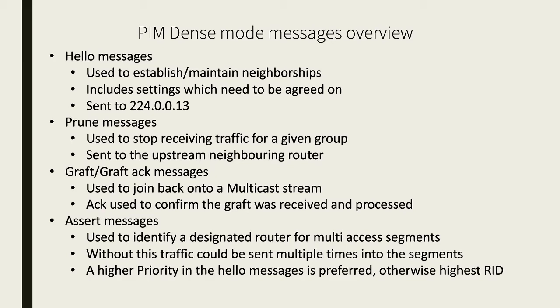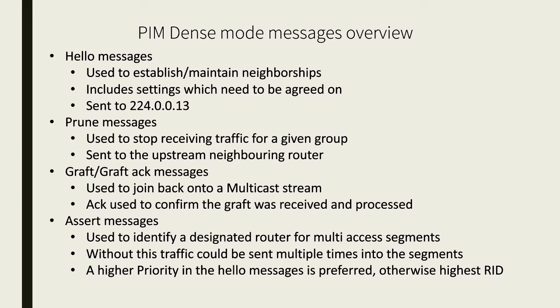As I mentioned before, this is used when you want to stop receiving traffic. The way that that works is that it's sent upstream towards your neighboring router in the direction of the specific source that you're receiving multicast traffic from. Yet again, we'll go over specific examples of all of this in a later slide.